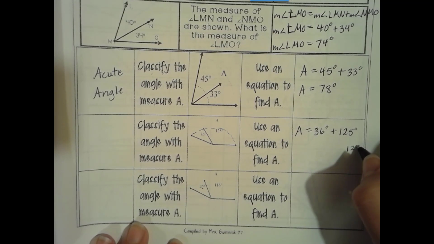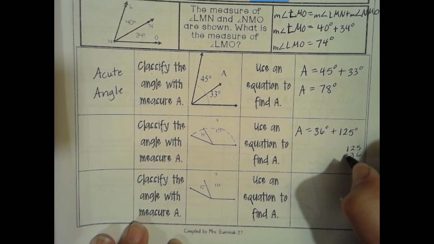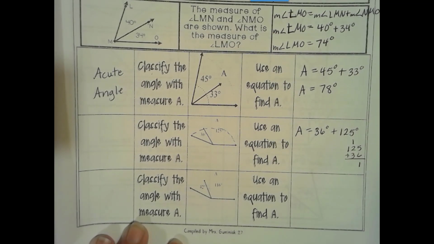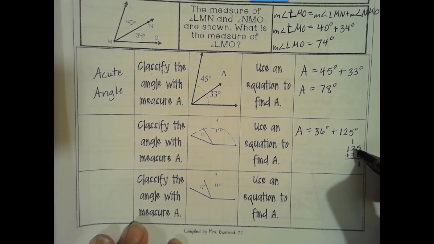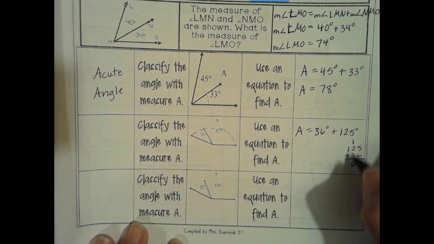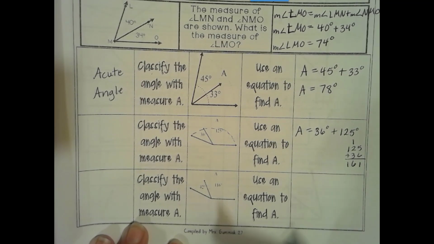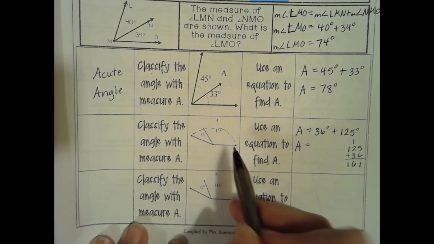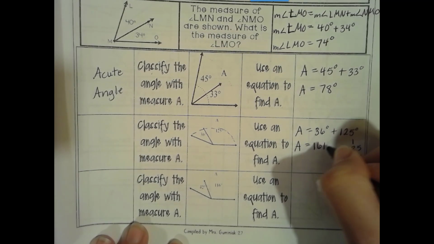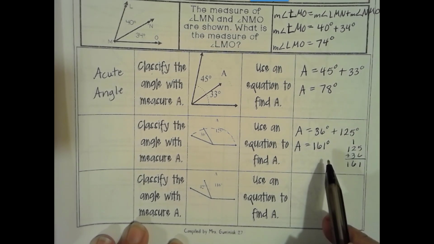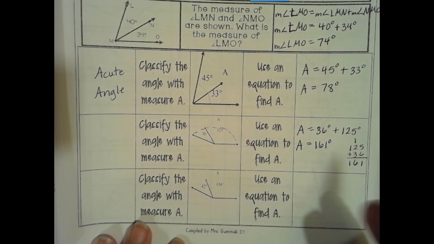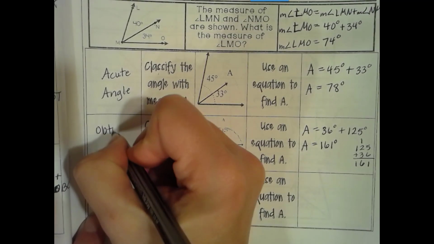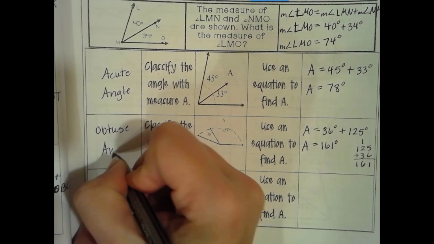So 125 plus 36. 5 plus 6 is 11, so 1 ten and 1 one. 3 tens, 4, 5, 6 tens, and 100. So our measure for A to make this angle true is 161 degrees. 161 is greater than 90, so it's not a right angle. If it's greater than 90, it is an obtuse angle.